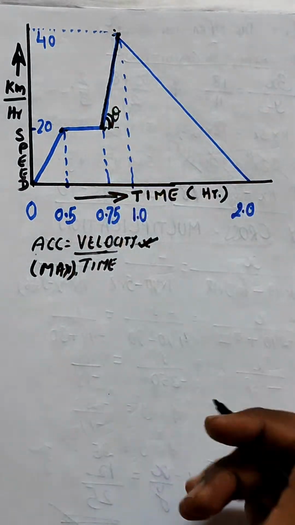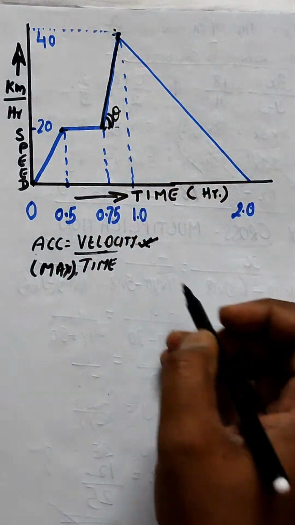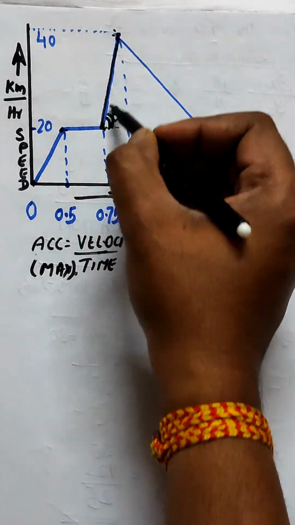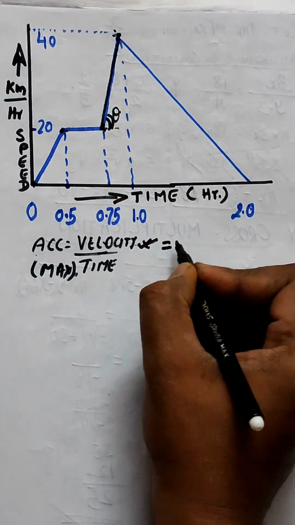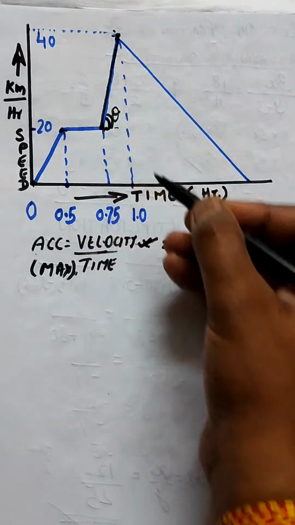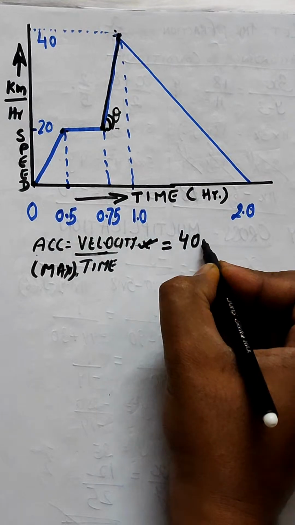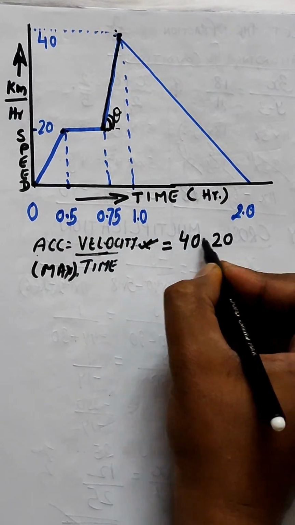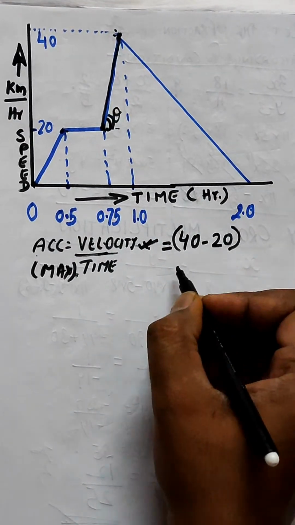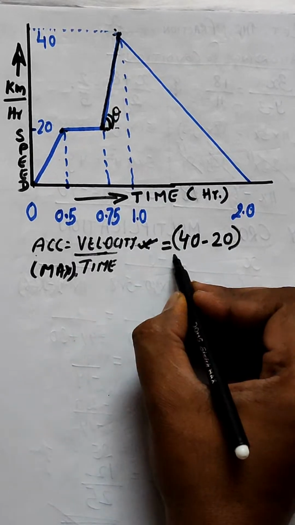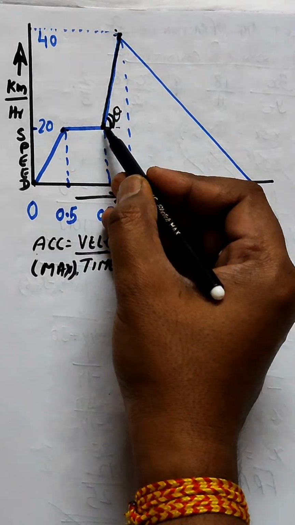So the change in velocity over here can be calculated as 40 minus 20, right? So this will be 40 minus 20 in kilometer per hour, right? Divided by what will be the time.